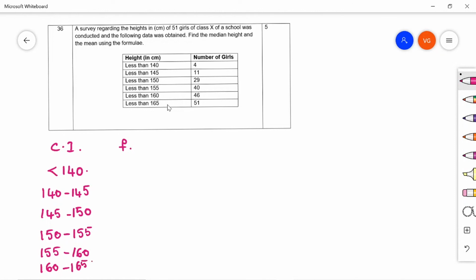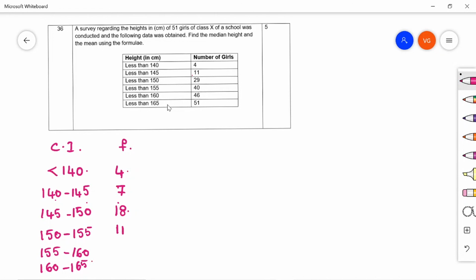So write down the frequency 4, then 11 minus 4, because less than 145 means less than 140 also will come into picture. But here I am writing for 140 to 145 only. So I will subtract this 4, so it will become 11 minus 4, that is 7. And then 29 minus 11, 18. 40 minus 29, 11.